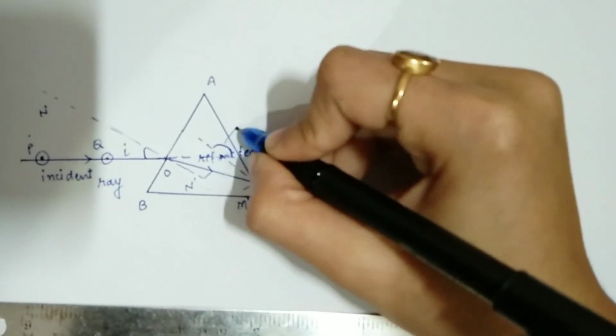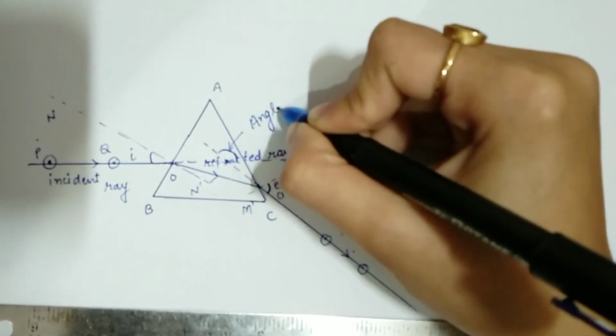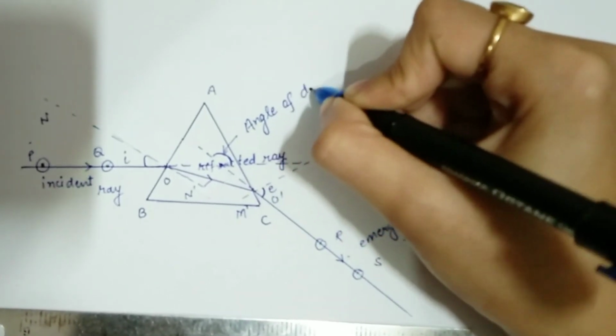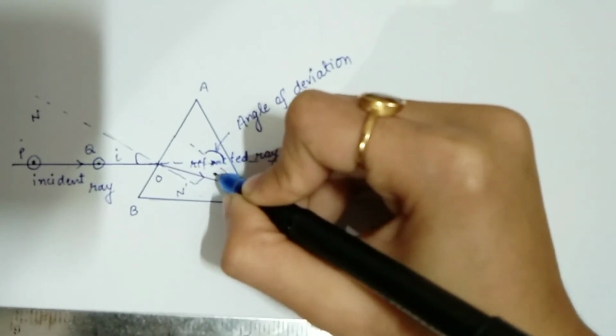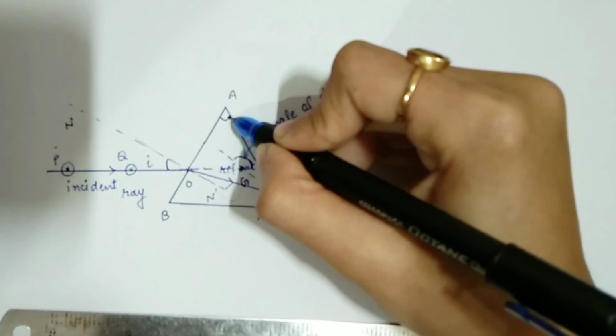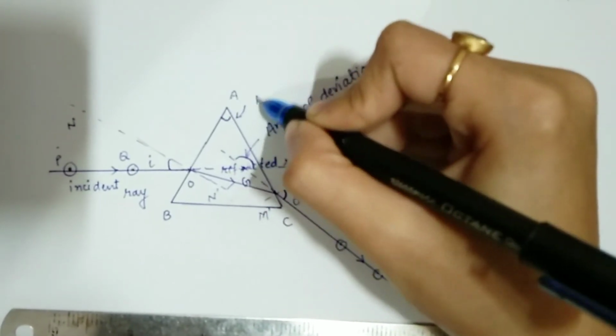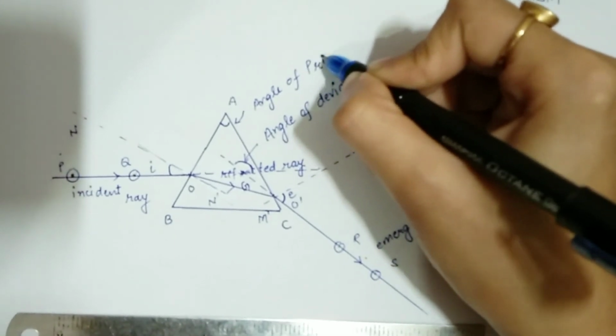This angle is known as the angle of deviation, and we can name this point as G, and this is our angle of prism. Angle A is the angle of prism.